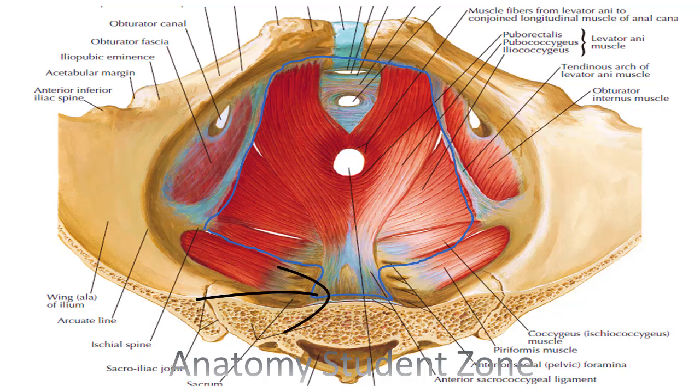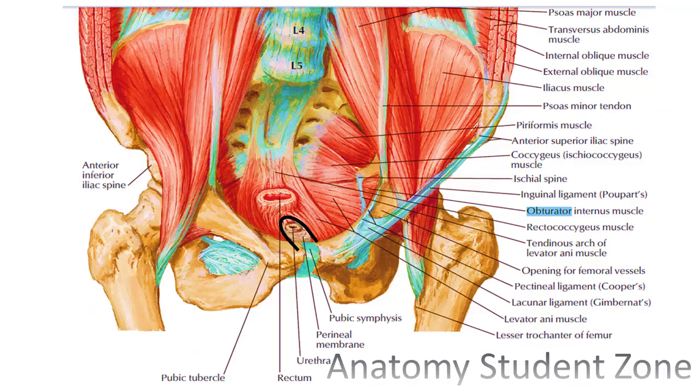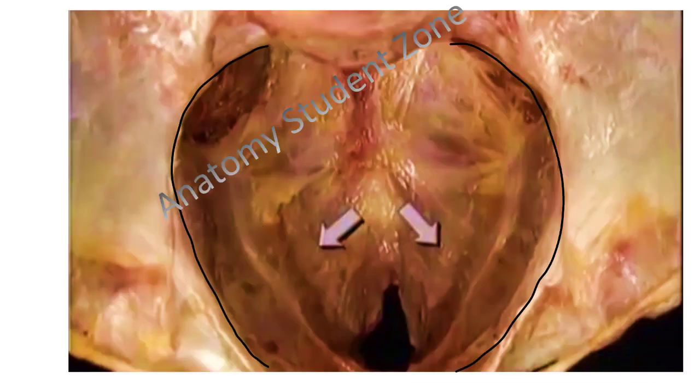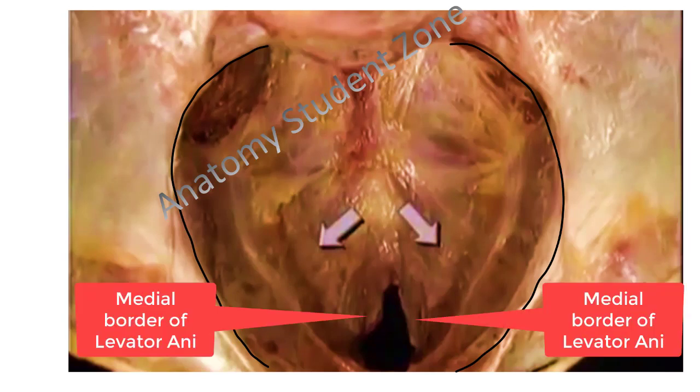It's important to remember that the pelvic diaphragm closes much of the ring of the pelvic girdle. But anteriorly it is deficient and there is a small area or gap, shown as black in this image, and we name this gap the urogenital hiatus. Anatomically, the urogenital hiatus is present between the medial borders of the levator ani muscle on each side.